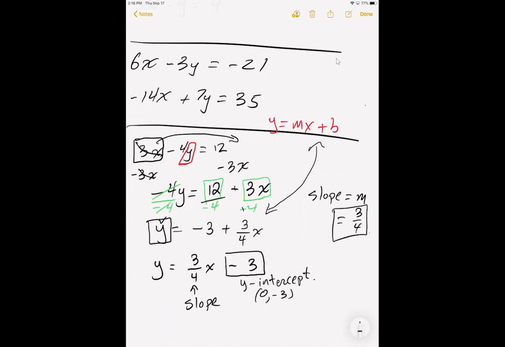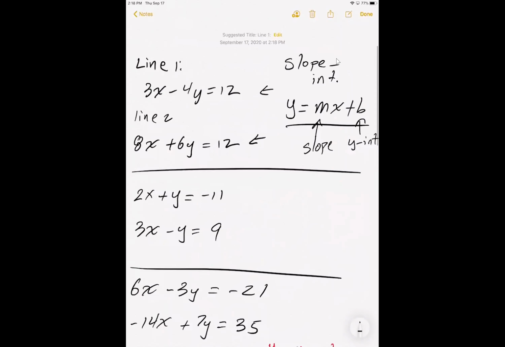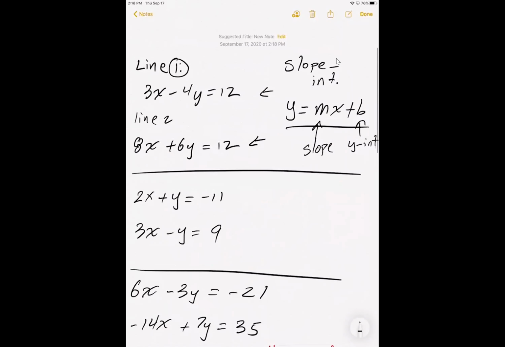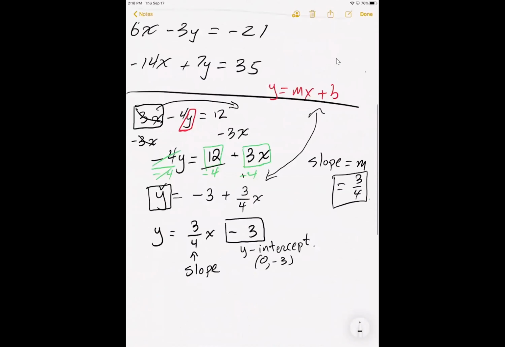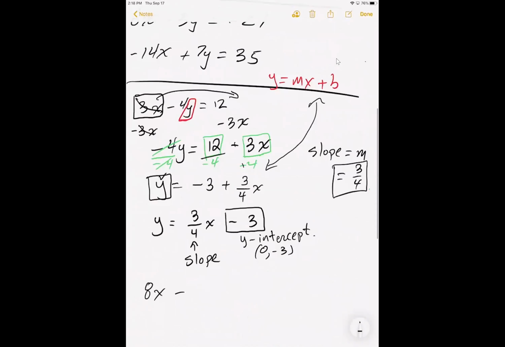And now, in order for us to know if line 1 and line 2 are parallel or perpendicular, we need to take this item and identify our slope. So we still need to do ax plus 6y equal to 12. Like I say, in order for them to be parallel, the slope must be the same.